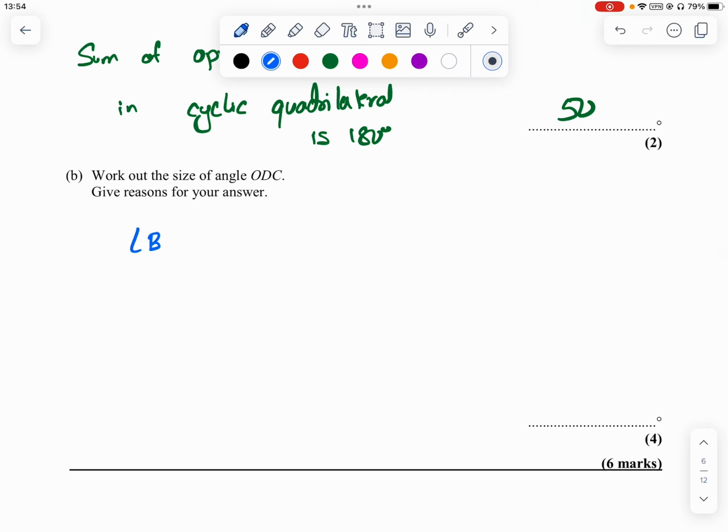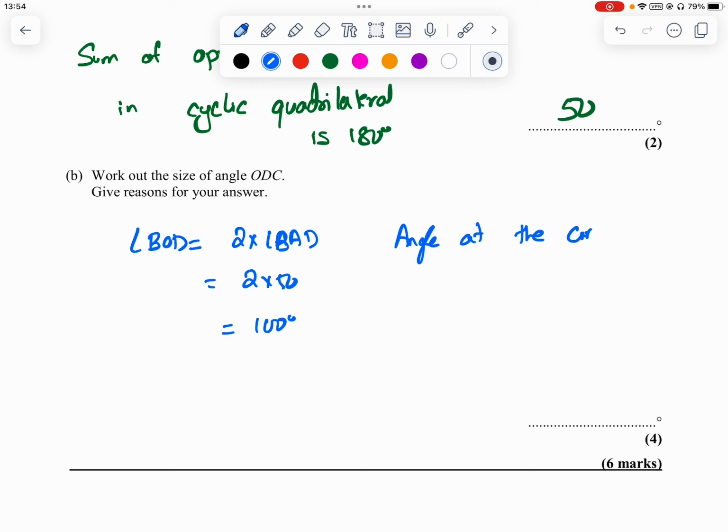So angle BOD equals 2 times angle BAD, which is 2 times 50 degrees, which is 100 degrees. The reason is angle at the center is twice the angle at the circumference. So we got that one.